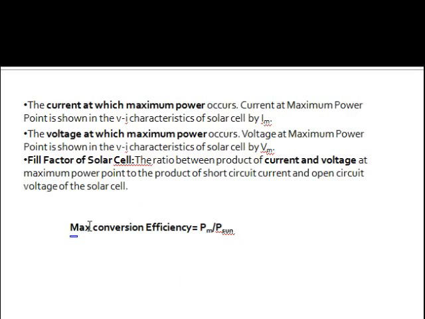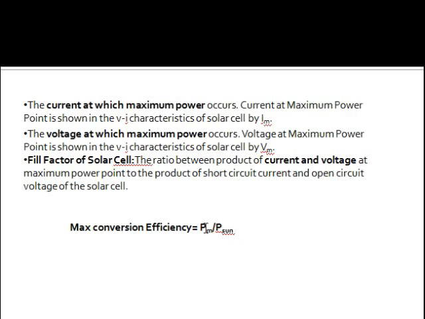And also we have one more thing, that is maximum conversion efficiency. The sun is producing some power, somewhere around 1.3 kilowatt per meter square.